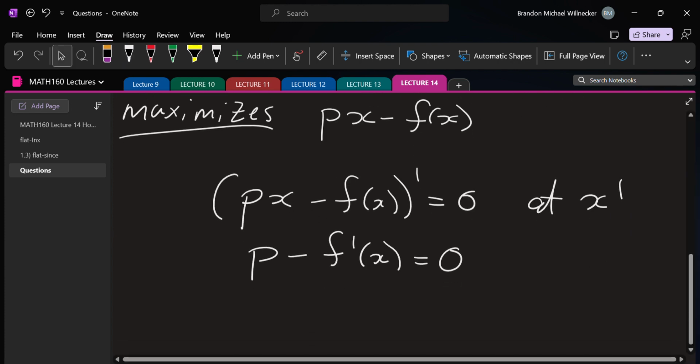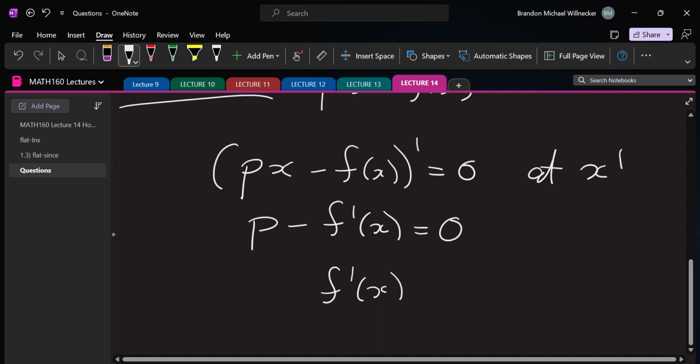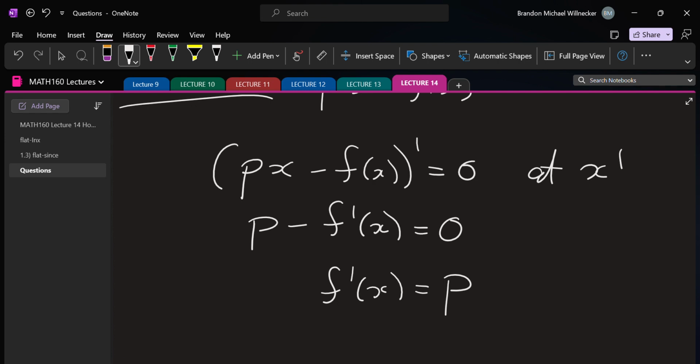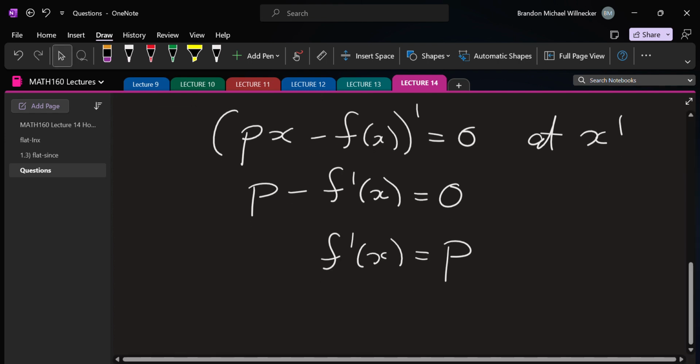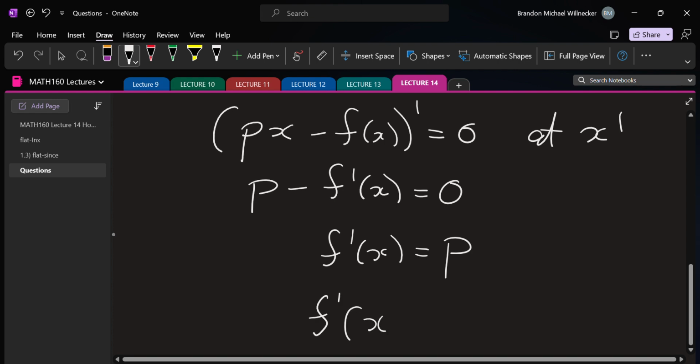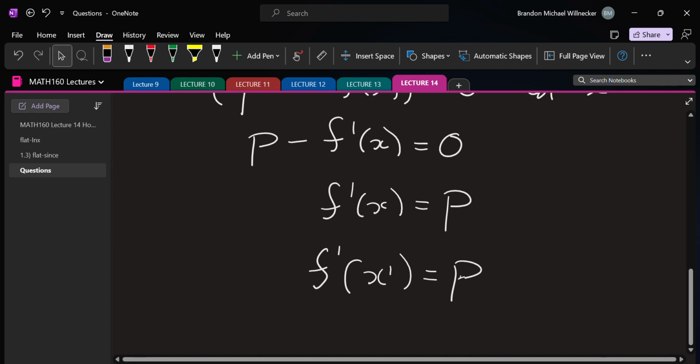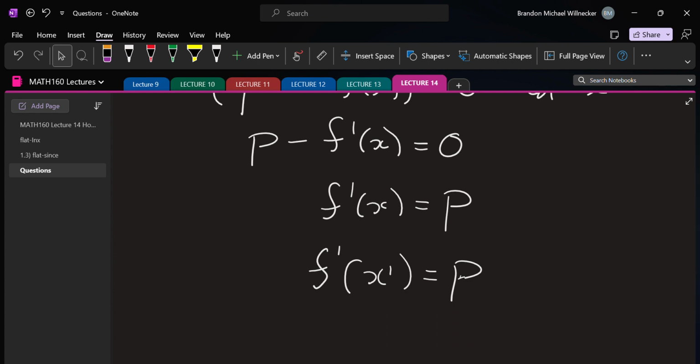So this is p minus f prime of x equals 0, so f prime of x is p. But not just any x, it's the special x that we called x prime. So f prime of x prime is p. Remember, we want to solve for x prime. So we take the inverse on both sides and get x prime as a function of p.